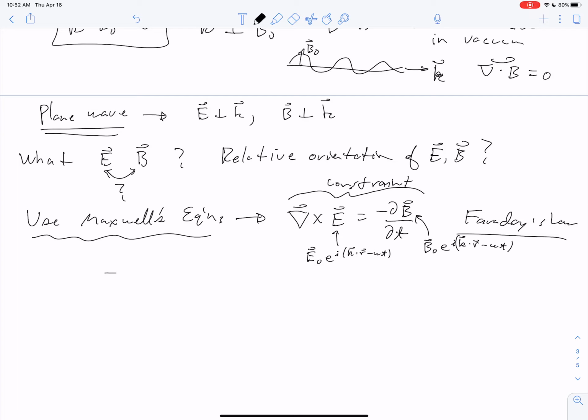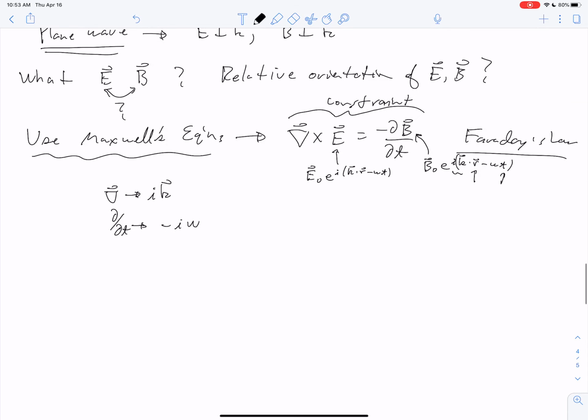Because what happens is that del gets replaced by ik, and when you take the time derivative, d/dt gets replaced by negative i omega. You can just see it right here: in front of the r, I have ik, and in front of the t, I have minus i omega. So now the math is really simple.